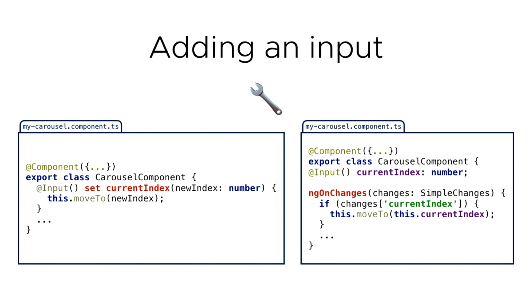Here, I kind of want to make an exception, because it's an input where if you receive it at any time, you're going to want to perform an operation. If at any point the application tells you, hey, the current index is now 3, it's not just, oh, I changed my current index. You have to perform the operation, animate, make it move. So for this, I just wanted to showcase a couple examples of how to do this. The first one is the simpler one. You just put the input on the setter, which means you can have any kind of logic you want in that setter to perform your operation immediately as you receive the input.